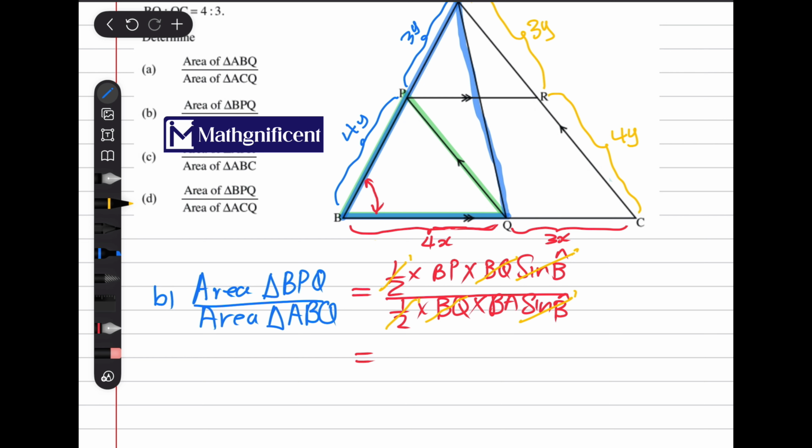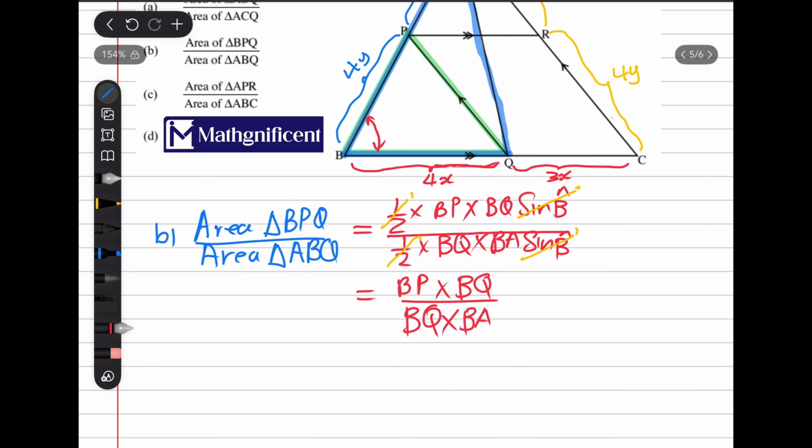But let's not just cancel them now. Let's actually substitute first, because in most of the cases this is what's going to cancel. So we are left with BP times BQ all over BQ times BA, right?